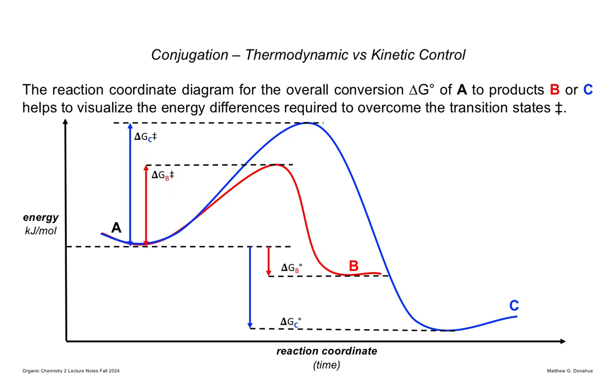So you have two different transition state energies dealing with the rate. And then when you go down, notice that little dot or degree sign. That deals with the Gibbs free energy, so that's the total energy of the system, which is helping you predict the thermodynamic product.